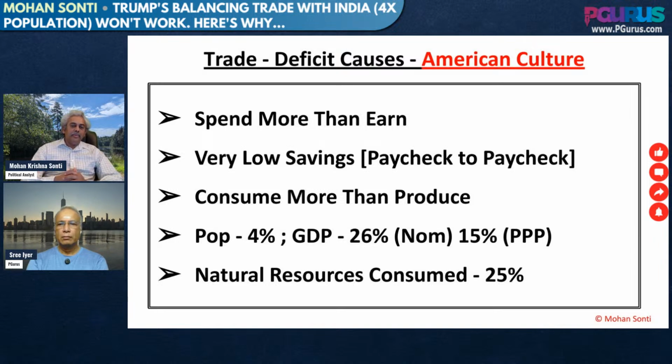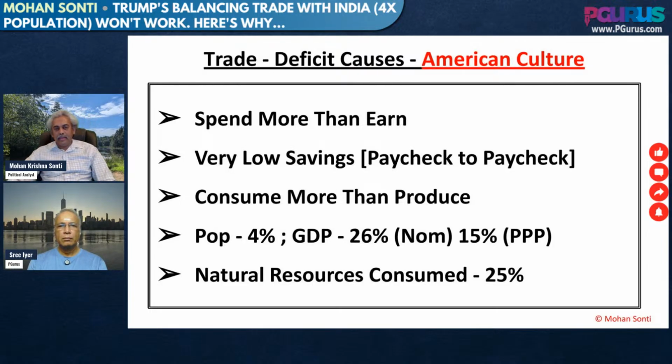But on the whole, the truth is somewhere between 15 and 26% is what America produces for a 4% population. But there's a lot of data that shows that the natural resources consumed by America is about 25%, which means it is consuming a little higher than what it is producing. Therefore, it is going to have a deficit.